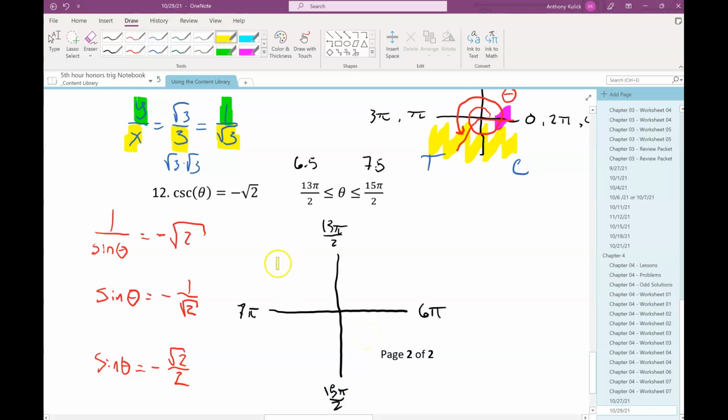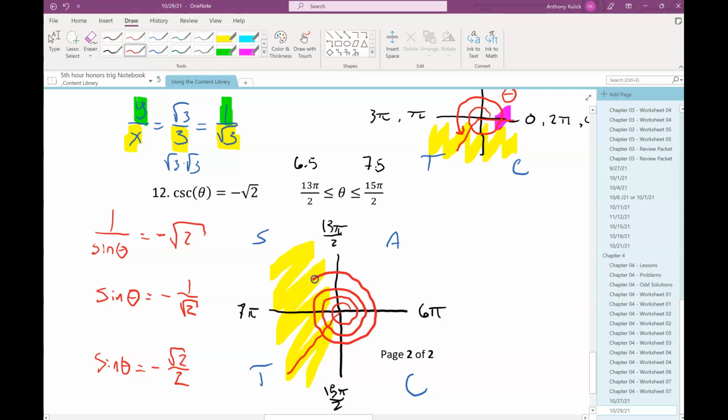Okay. So we have these two quadrants. All silly turtles crawl. Sine is negative in the third quadrant, but not the second quadrant. So I'll draw this. So 2 pi, 4 pi, 6 pi, and then to my answer. Is that okay?